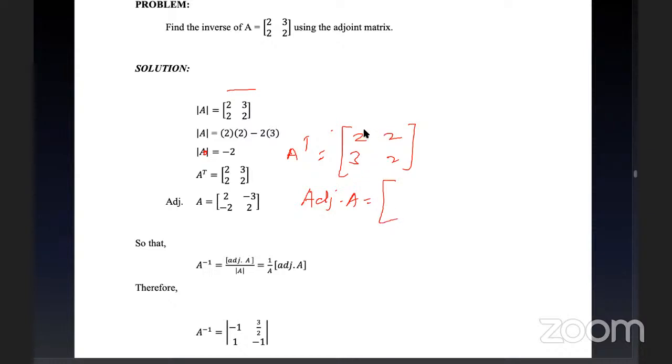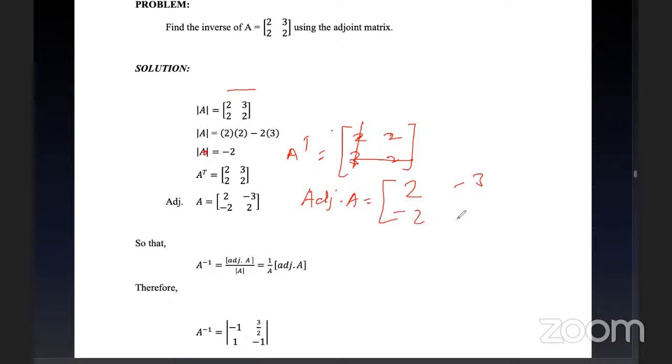So if this is the element na involved, ayan, so we have positive 2. Burahin natin to. So yung sign is positive. So 2. Okay, bura. Next naman na element, yung nasa row 2. Ano yung sign dito? Negative. So negative 3. Next naman na element na nasa row 2, column 2. Ano yung sign? Plus minus. So negative 2 ito.